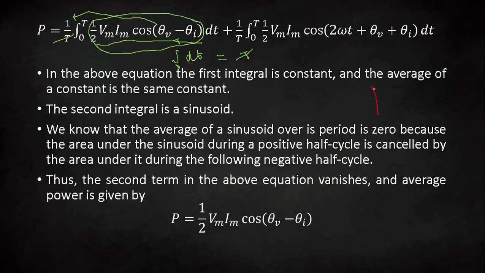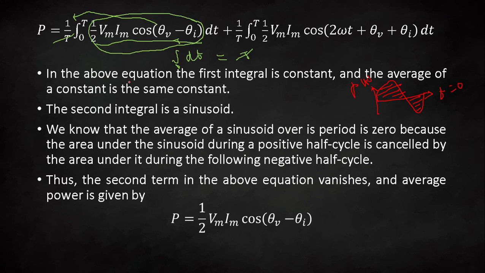So if you take the average of a sinusoidal signal like this, let's say it is p(t), then the area of the upper half cycle and the area of the negative half cycle cancel each other. So the average of p(t) will be 0 in case of a pure sinusoidal signal. So this term will be 0. If we take the integration, then it will be 0.